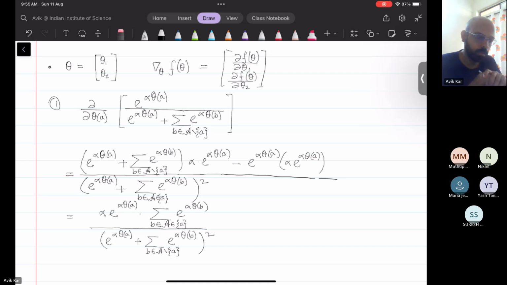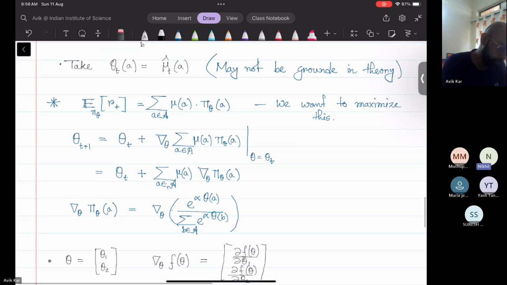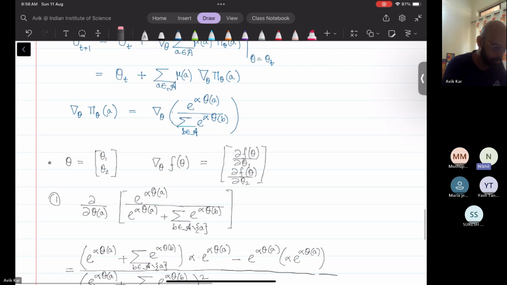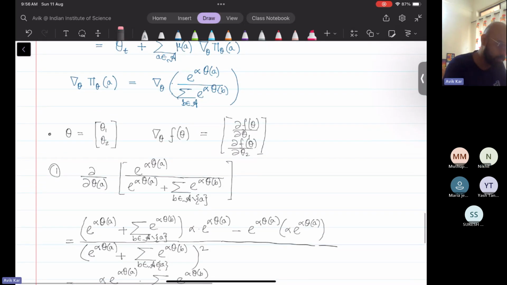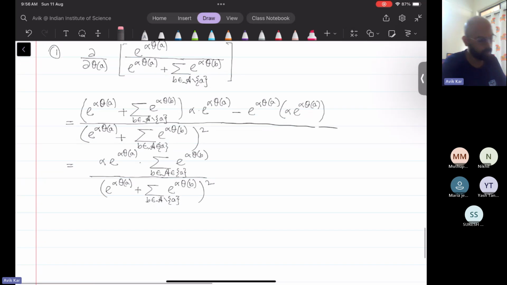They define it in such a way that they divide and multiply, and finally you get the gradient of the log of pi theta. Right, yeah, that will be easier.